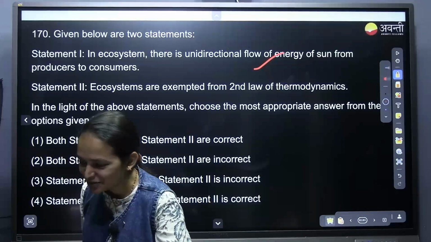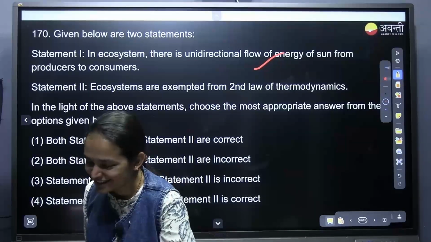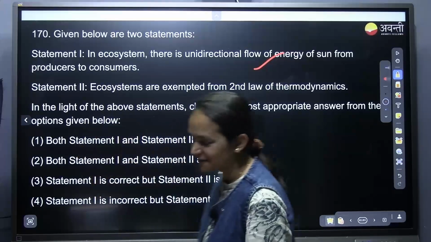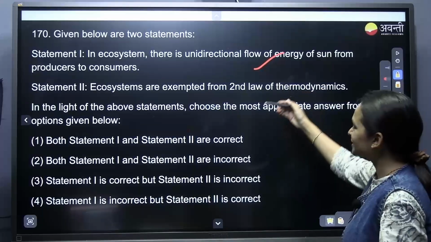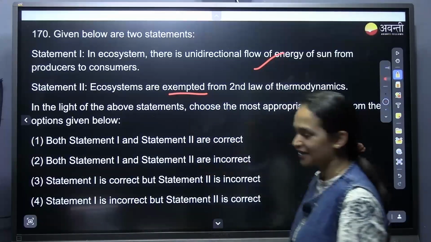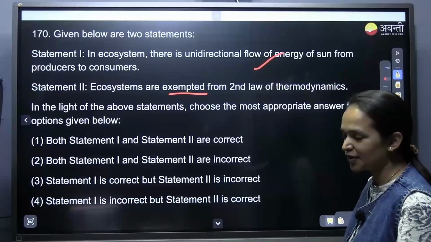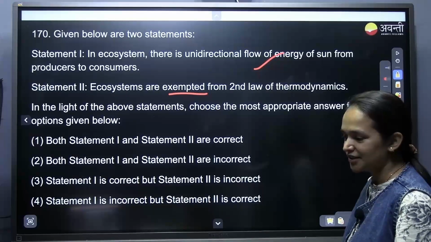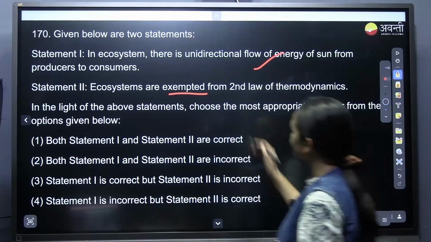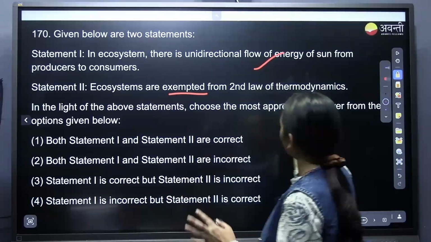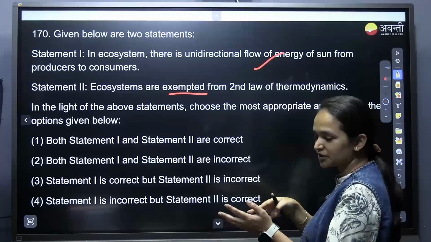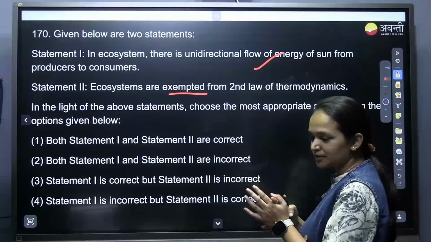Prathamesh, for which are you saying true? How is it exempted? Nothing is exempted from the second law of thermodynamics. There is energy loss, no?